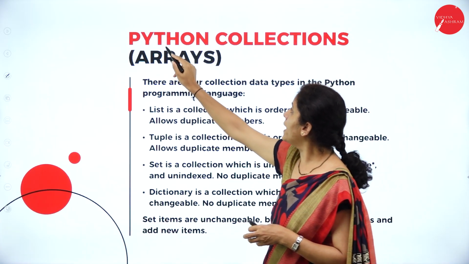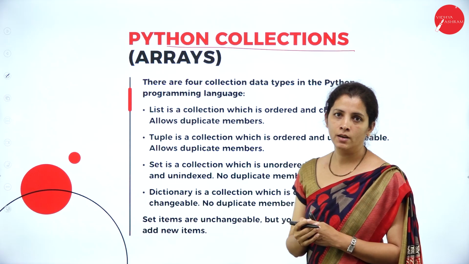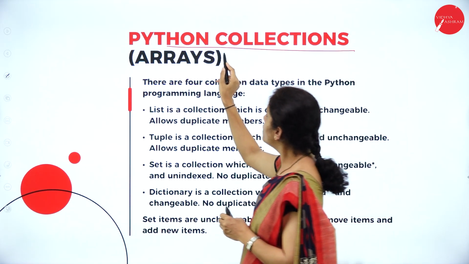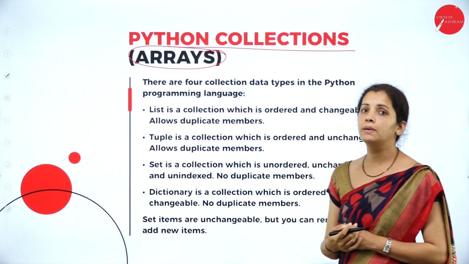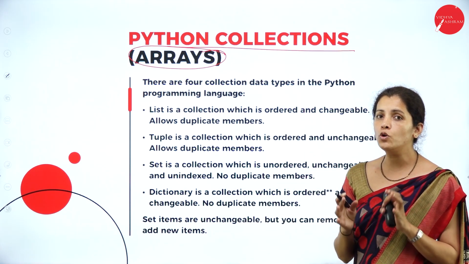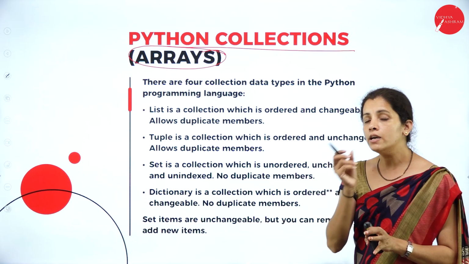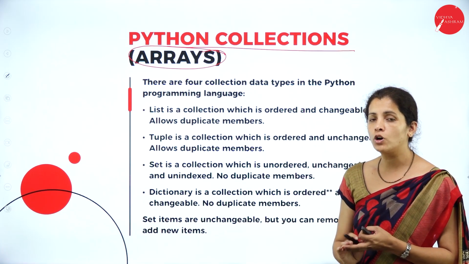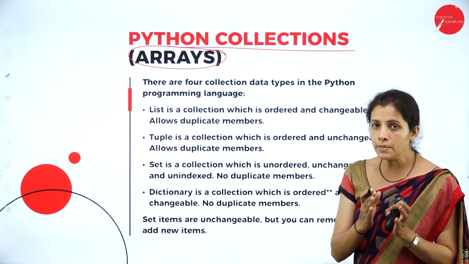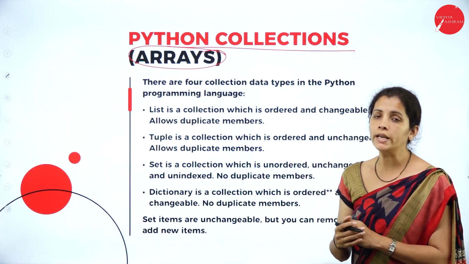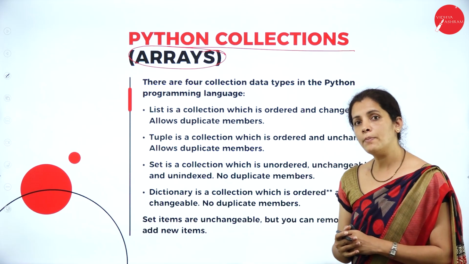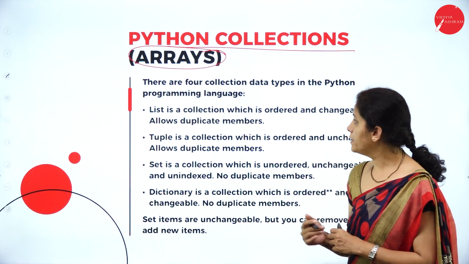Now, Python collections. In the C program, we discussed what an array is. An array is nothing but a collection of homogeneous elements. Homogeneous elements in the sense of the same kind or similar elements, and all the elements are stored in continuous memory locations.